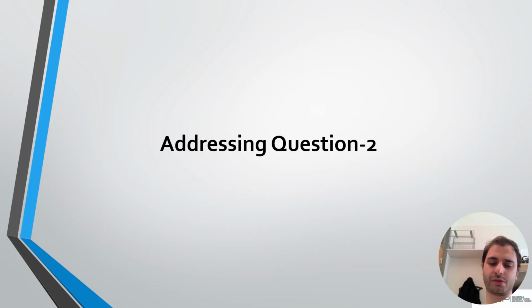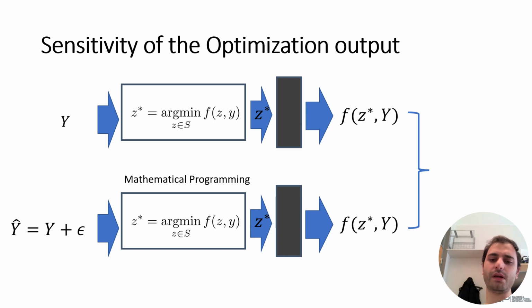Okay, addressing question 2. So question 2, just to remember, is why combine everything in a framework if we could simply separate them, first predict y and then optimize it without the need of an optimization layer or optimization differentiable layer.